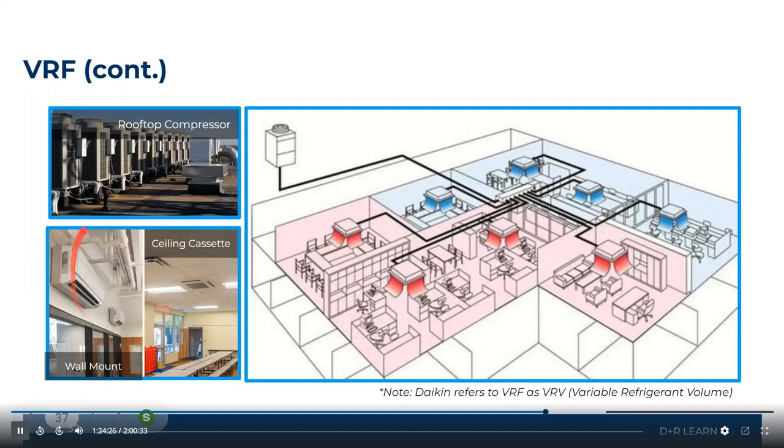Or if you don't have this type of space or setup within your zone, you can have the ceiling cassette type, which is usually found on your drop ceiling type setup, whether that be a classroom or an office space. But if you're maybe working this out of a warehouse or some sort of a more industrial type of setting, you're probably going to see your wall mount setup within that zone.